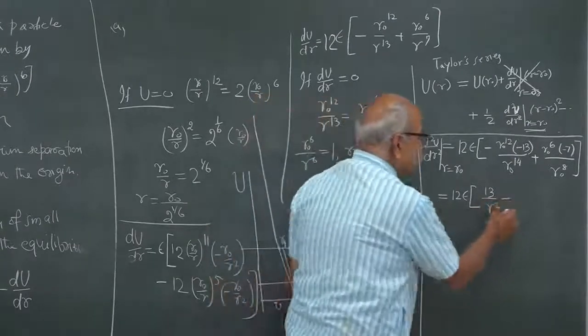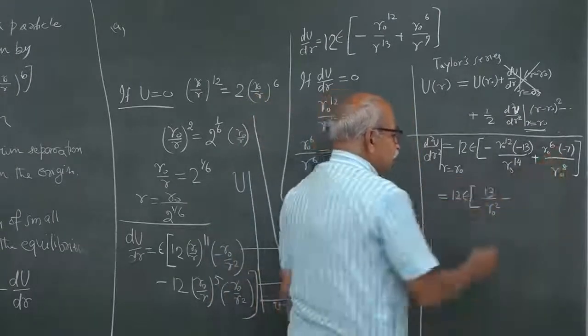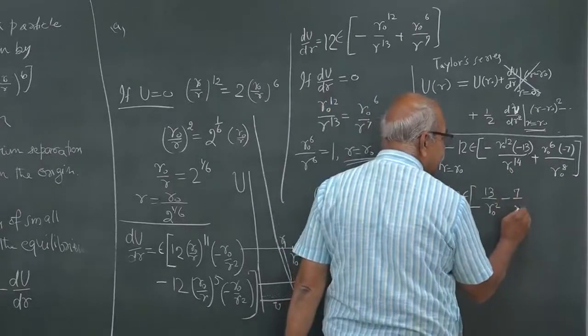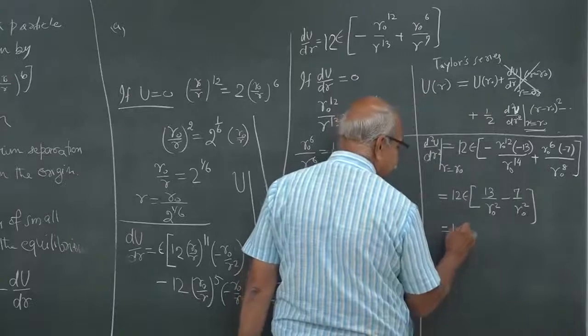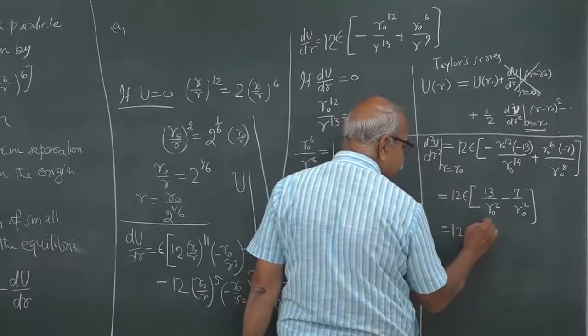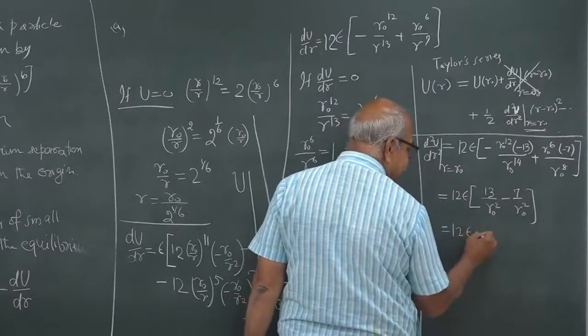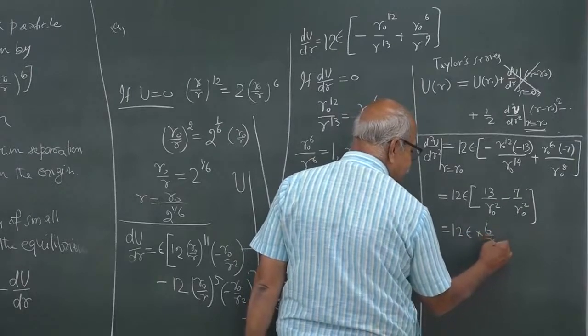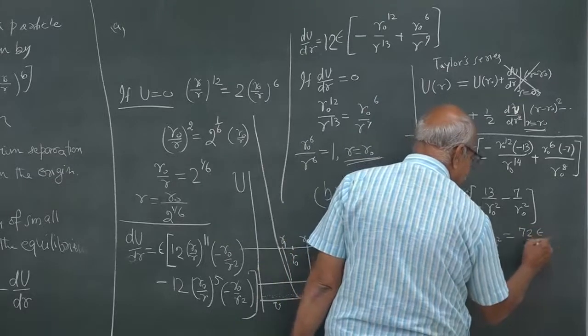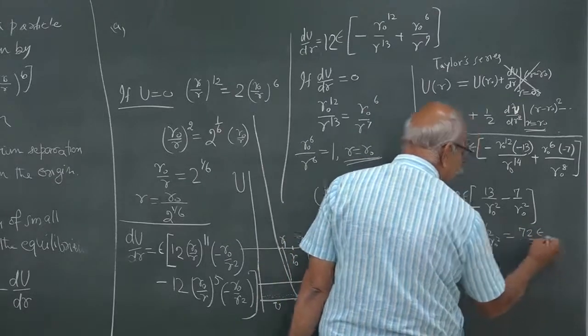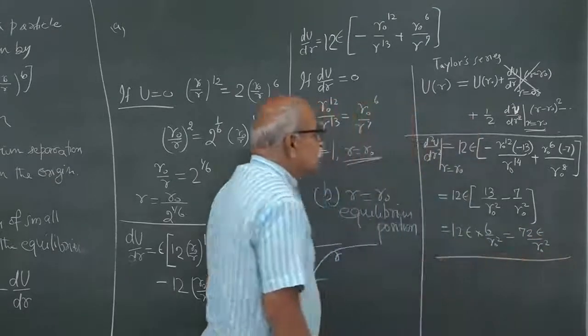The second term is minus 7 divided by r naught square. So, this is 12 epsilon into 6 divided by r naught square. So, it is 72 epsilon divided by r naught square.